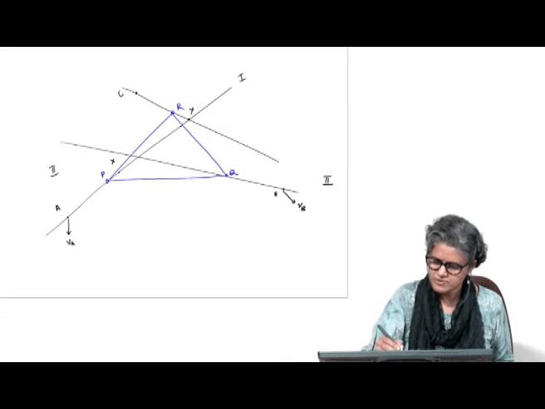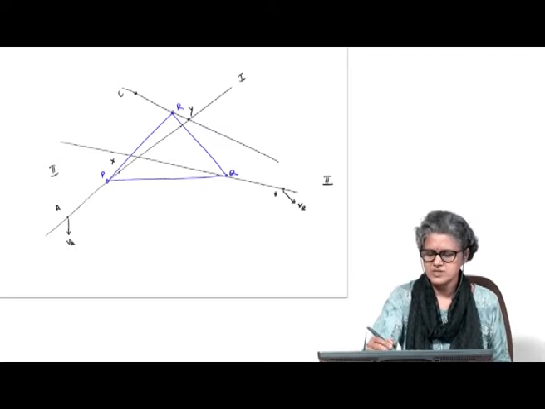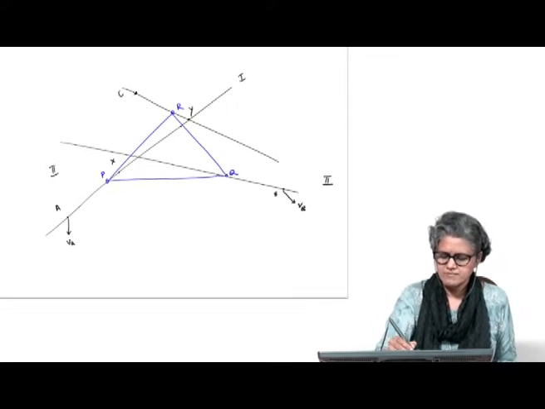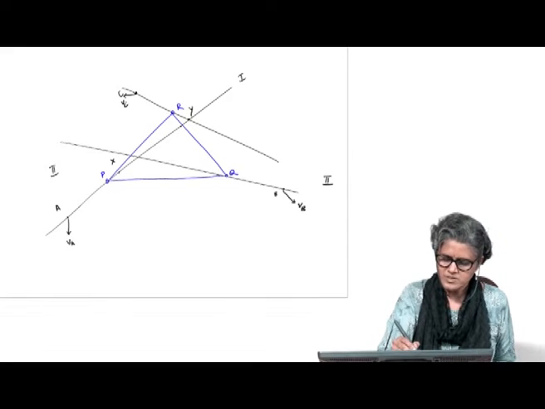Just draw it like that so I can show you that y can be outside. So this is point C, whose velocity I know.